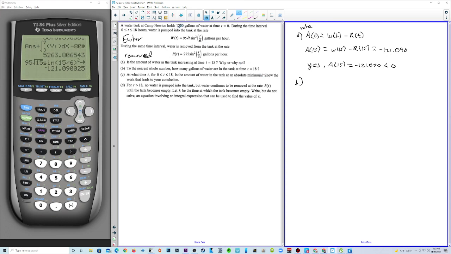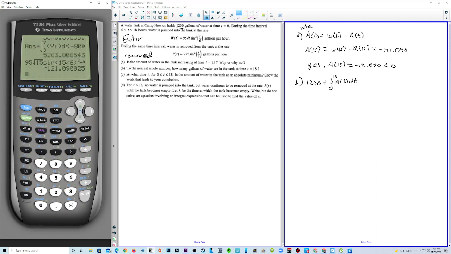So is there an initial value? Yeah, the initial value is 1,200. So we have 1,200, and then we're going to go plus the integral from 0 to 18 of A of t dt. I already put the function in; I'm going to turn this one off. The W of t is in y2 and the R of t is in y3.